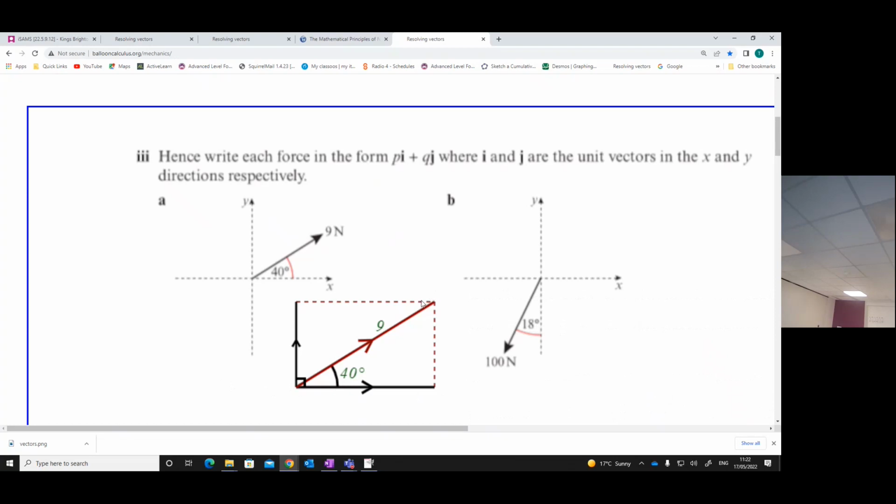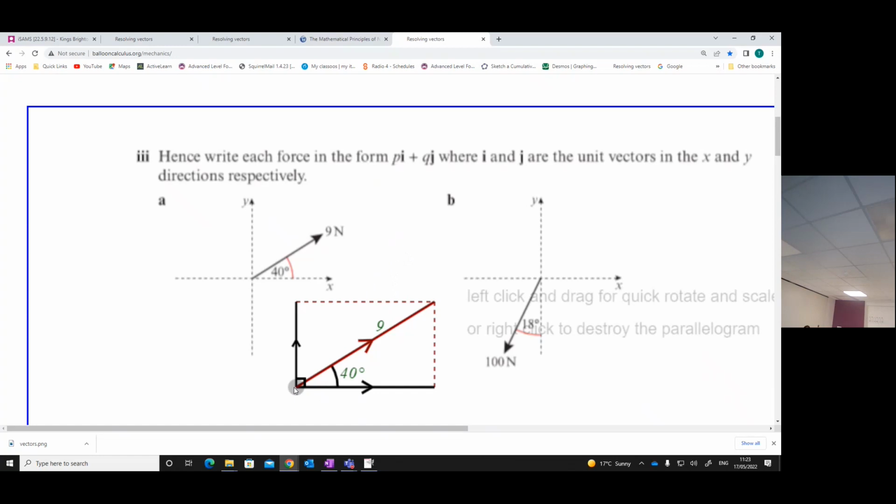So you can say to yourself, yes, of course, in general, the adjacent is going to be this fraction, the cos 40 fraction of the hypotenuse, which is 9. So we want the cos 40 fraction of 9. Does that make sense? What does cos 40 mean? It means the adjacent as a fraction of the hypotenuse. So let's have that fraction of 9 in this case. So we'll call it cos 40 times 9, or 9 cos 40.